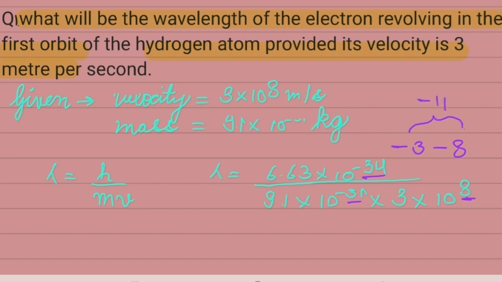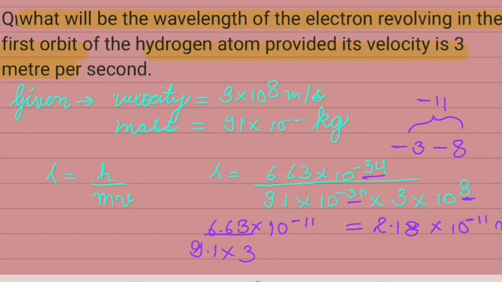After that we remain to solve 6.63 multiplied by 10 to the power minus 11 upon 9.1 multiplied by 3. If we take 6.63 and divide it by 9.1 multiplied by 3, we get our answer as 2.18. So 2.18 multiplied by 10 to the power minus 11 meter is our answer for wavelength.